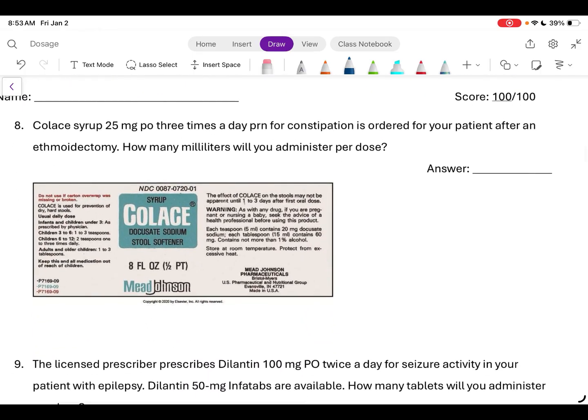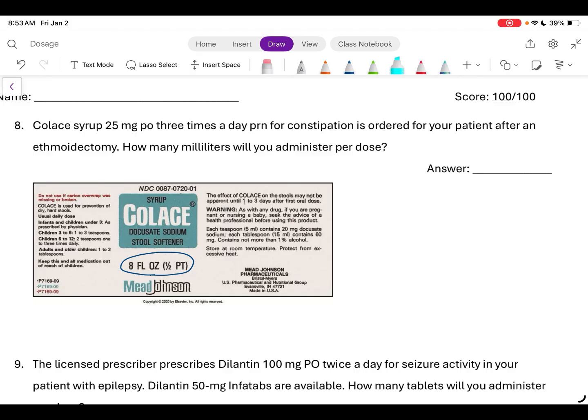Number 8. Colace syrup, 25 milligrams, PO 3 times a day, is ordered for constipation. How many milliliters will you administer per dose? Be careful with this label, because in very big numbers and letters it's telling you that it's 8 fluid ounces, which makes you think, oh my God, now I have to convert so many things.